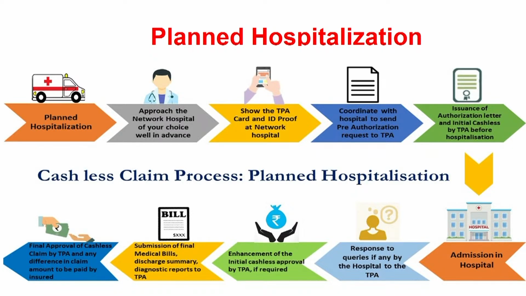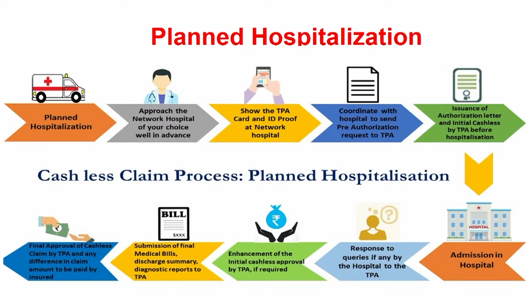Along with your documents and your ID proof, the pre-auth goes from the network hospital to the TPA. The TPA is going to see all the terms and conditions and whether the claim is payable. If it is payable, the initial cashless, or if it is a package, the full claim settlement is done even before you are hospitalized.